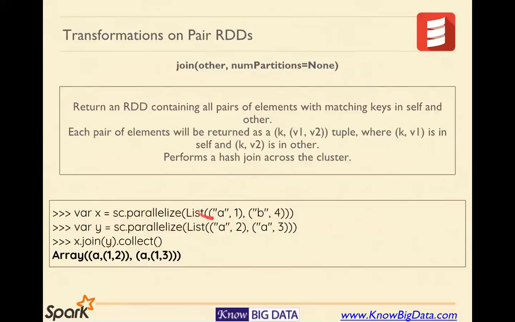Imagine there is a table having two columns, the first one a string, the second one a number. Similarly, Y is another table with A2 and A3. The first value is a key, the second is a value. Therefore, when we join X and Y, it will be joined based on the key.